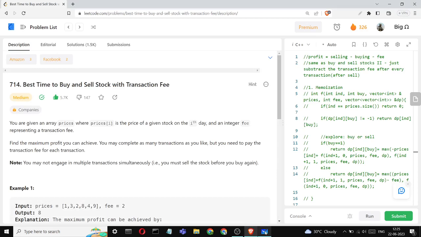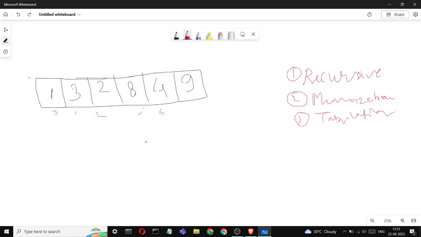I have told in the previous DP problems also, whenever in the problem they are saying to explore all the possibilities, like give all of the paths, or find maximum of something, minimum of something, then in these kinds of problems generally you use recursion. This is a kind of trick. So let's see how we will do the recursion.